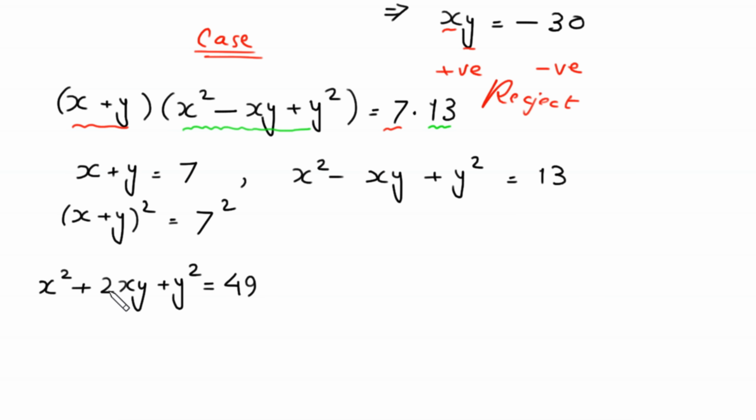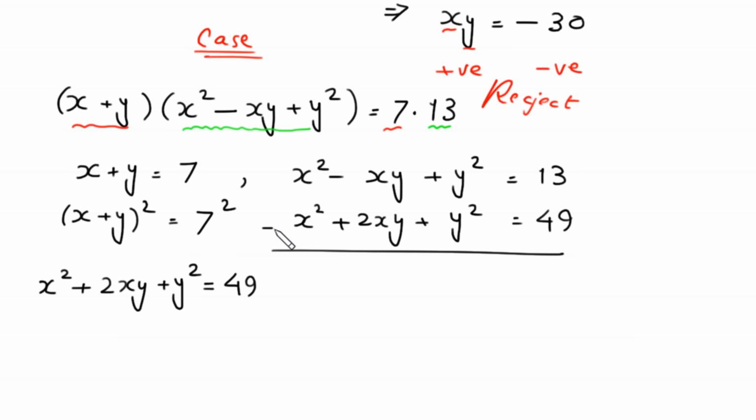Now we subtract this equation from this equation. x squared plus 2xy plus y squared is equal to 49, and we subtract this equation from this equation.